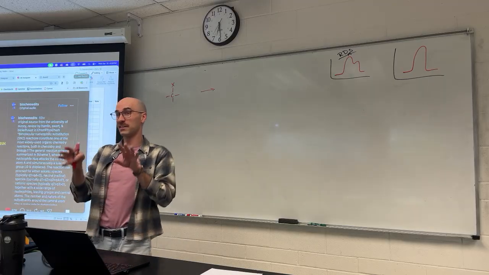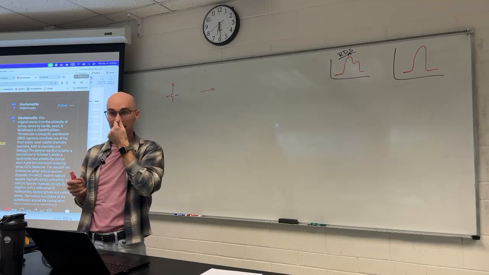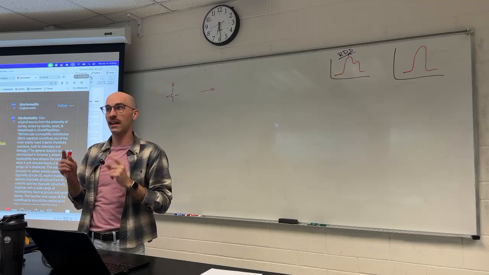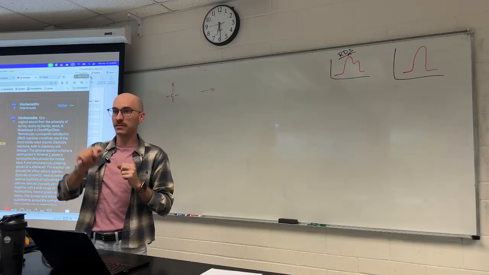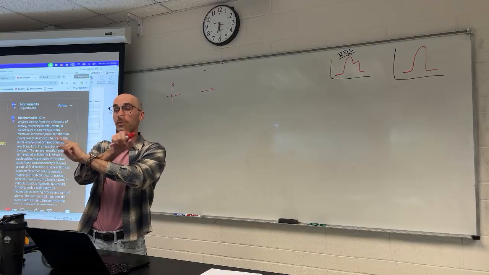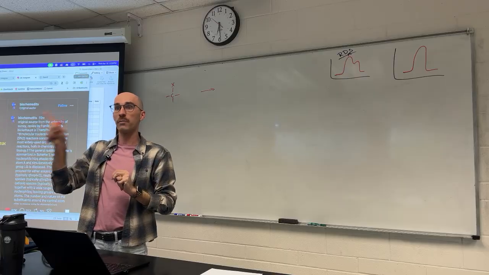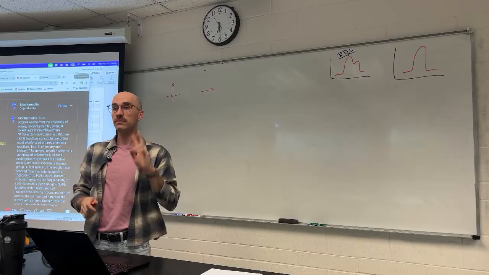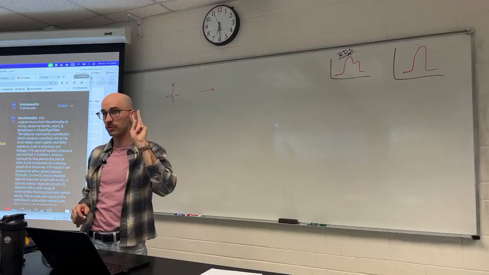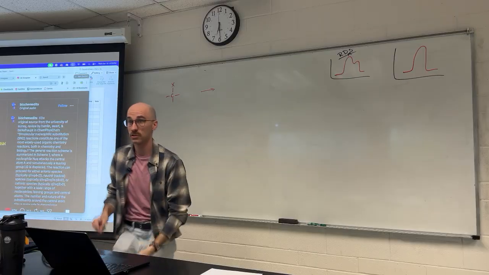A lot of students think Sn1, one step, Sn2, two steps, but it is exactly the opposite. So that's a good way of saying it: Sn1, one bond at a time. Sn2, two bonds at once, two changes at once.